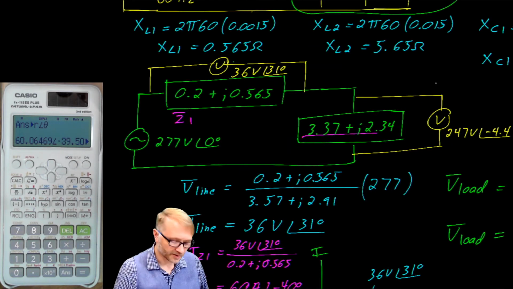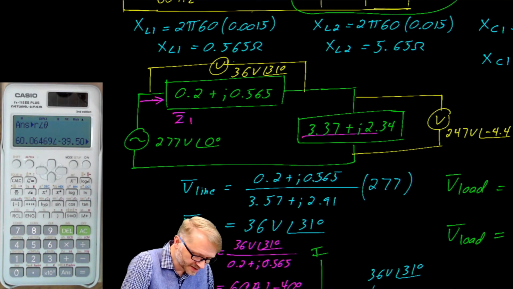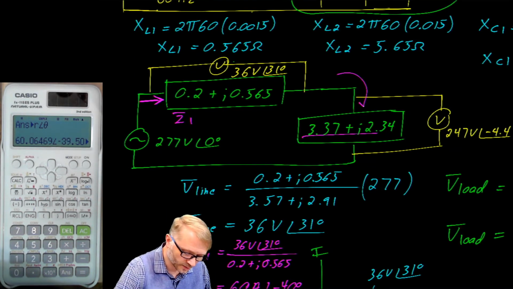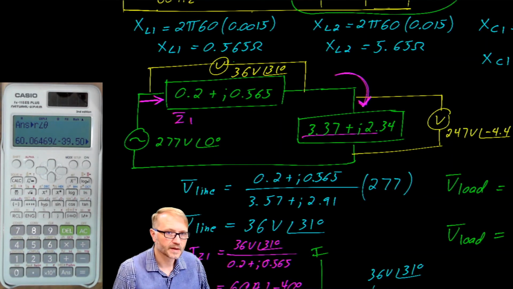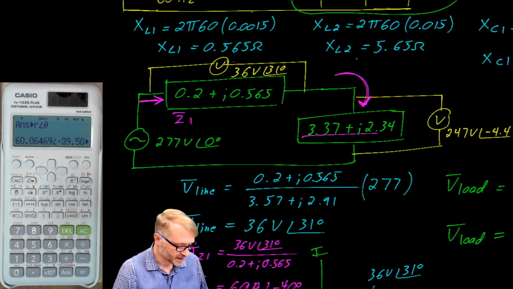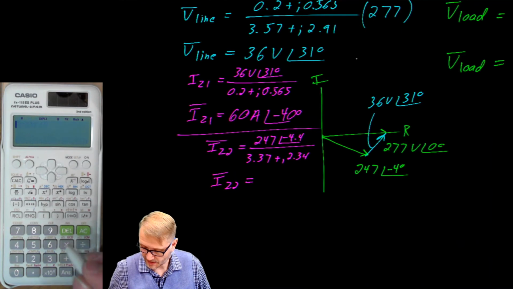Before we put that in the calculator, what do you think it'll be? Remember, we just calculated this current going into impedance 1, and we're asking what this current going into impedance 2 is. And I think you'll agree that this is a series circuit, so the current should be the same. So let's give that a try.